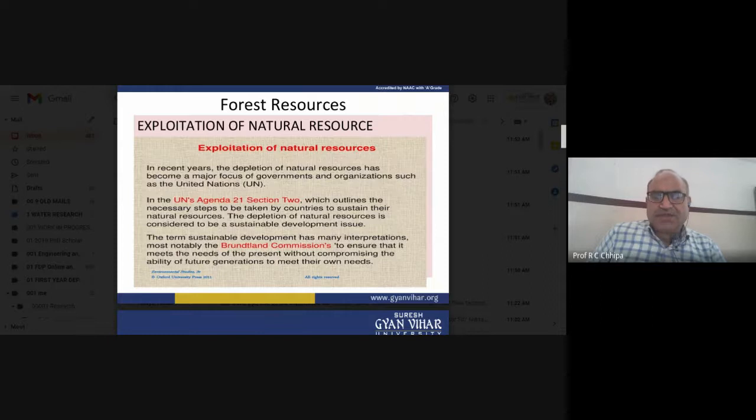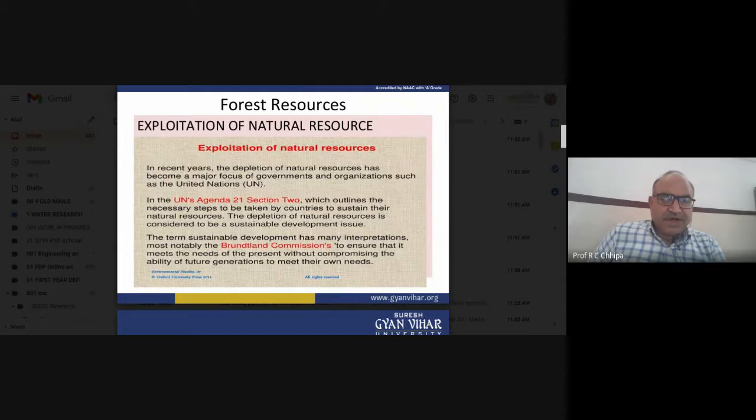The United Nations controls the concerns of all the continents and countries, as those countries are governed by a unique body, the United Nations. Agenda 21, Section 2, outlines the necessary steps a country should take to sustain natural resources. Depletion of natural resources is also considered a sustainable development issue.